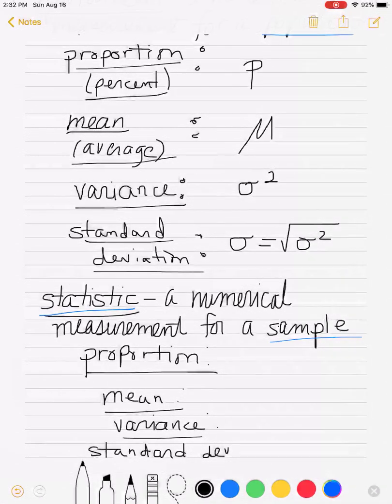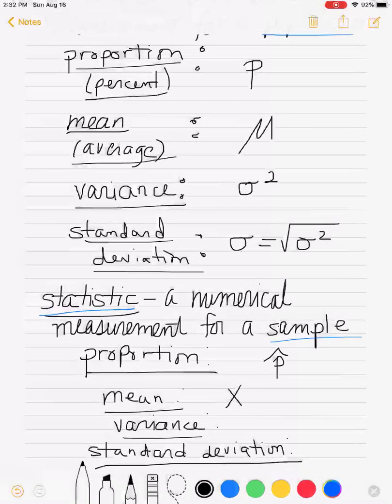The thing is, you have to be mindful to use different symbols when you're dealing with samples. When you're talking about sample proportion, you're going to use P with a hat symbol over top of it. So P with a hat means sample proportion. Anytime you see x with a bar over top of it, that means mean of a sample, or sample mean.